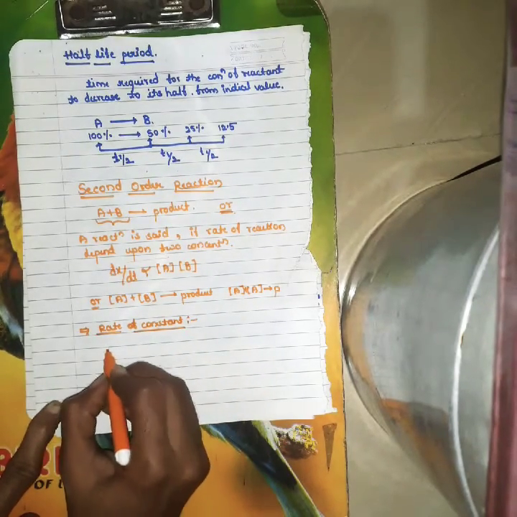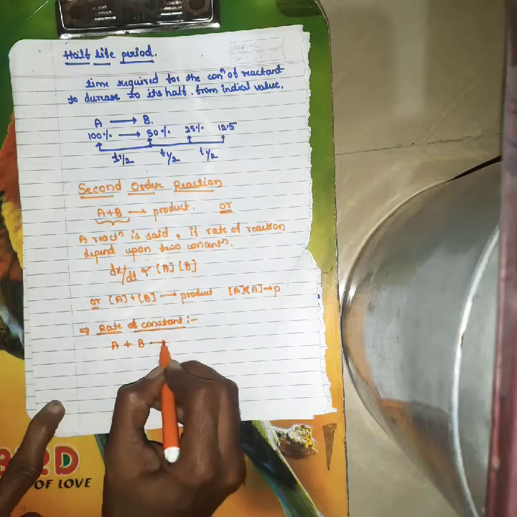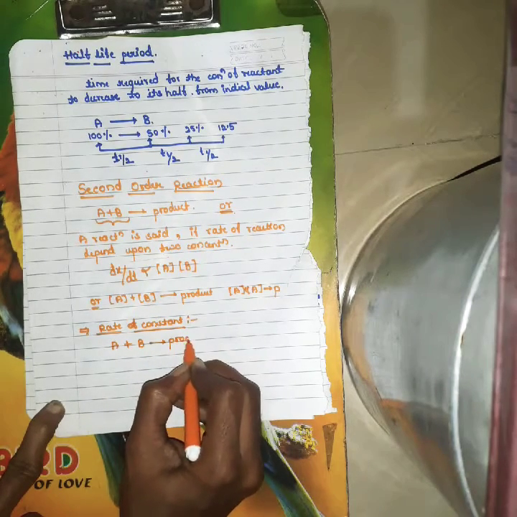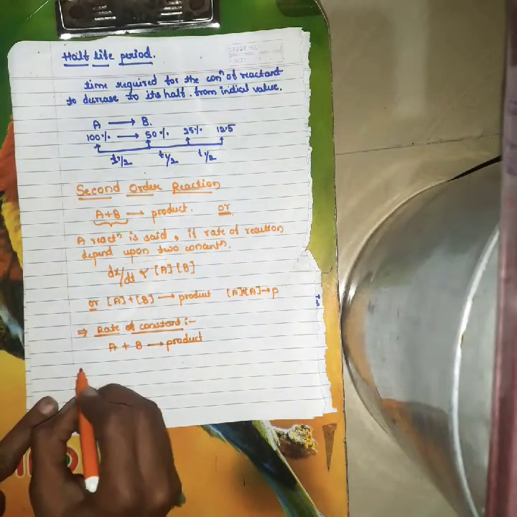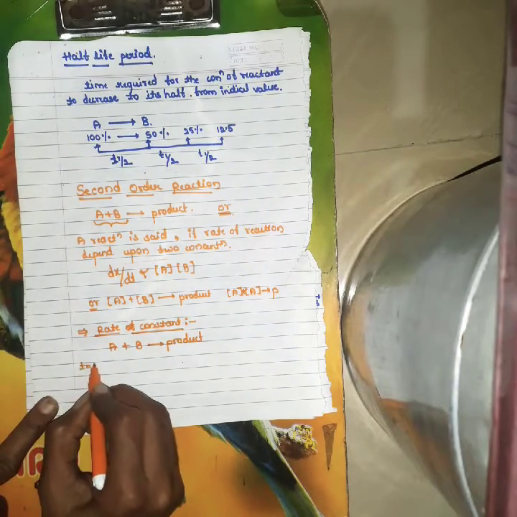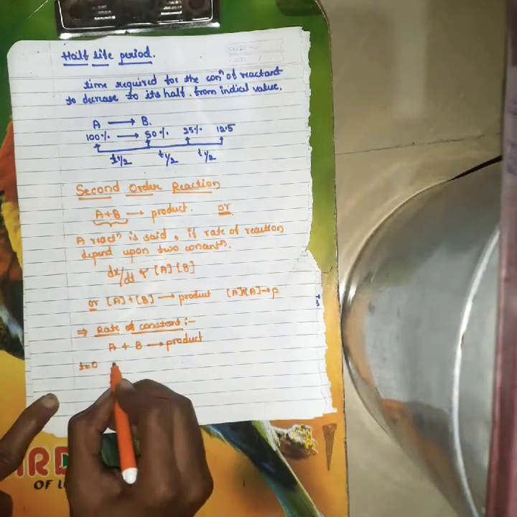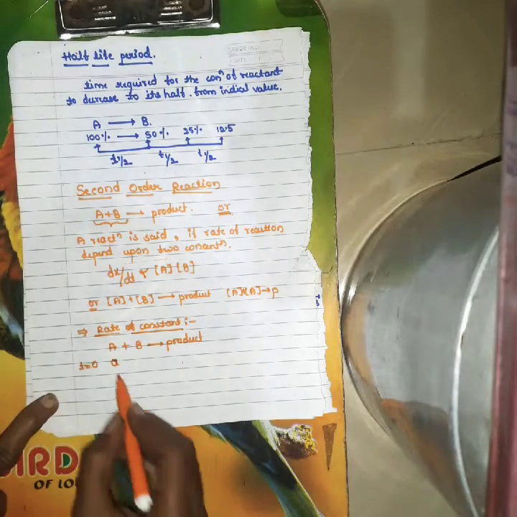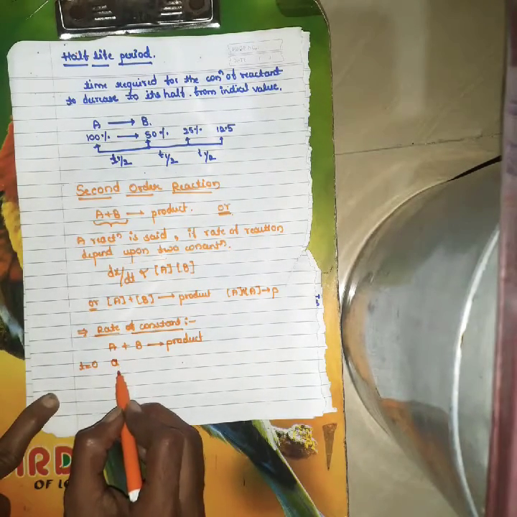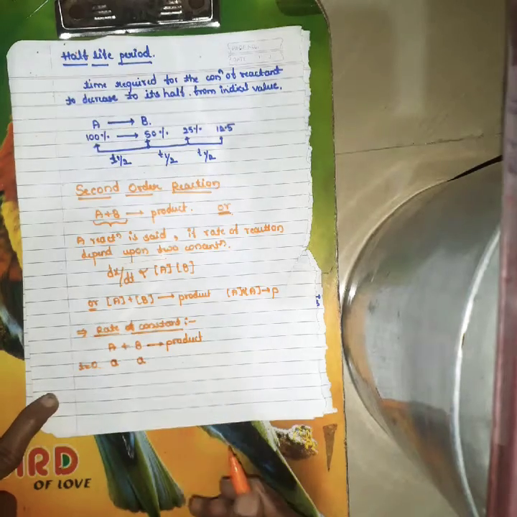Consider one reaction: A plus B gives product. At initial time t is equal to 0, the concentration of A is a and the concentration of B is also a.